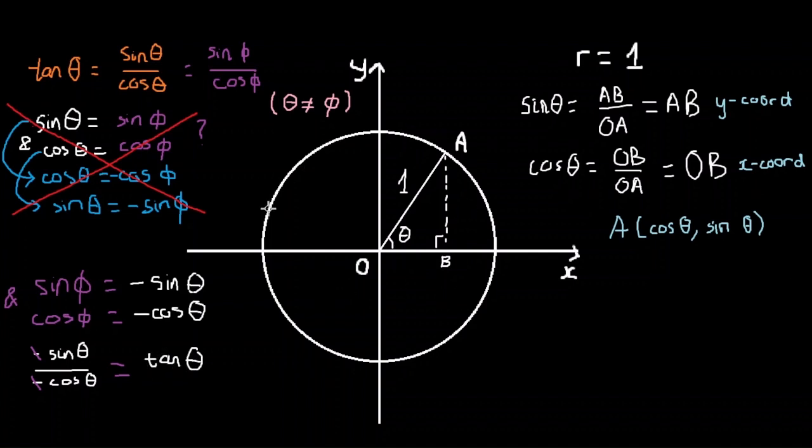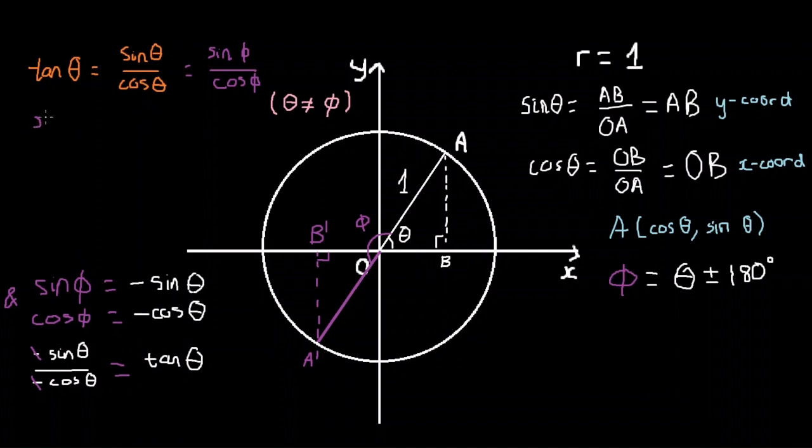Is there a point on this circle for phi where both of these conditions are satisfied? The answer is when we rotate OA by 180 degrees in either direction. Phi is now equal to theta plus or minus 180 degrees.